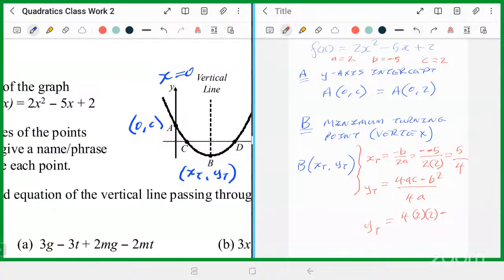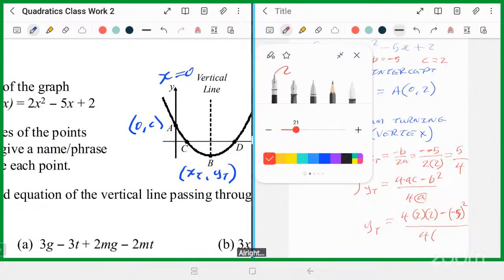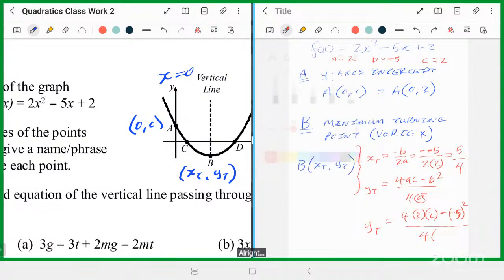And then I have to square the b right here. What is the b? The b is negative 5. So it's negative 5. And I have to square it. So you see I'm putting it in a bracket. So I'm squaring the negative 5. And I'm dividing that by 4 times a. That's 4 times, and the a again is this 2 up here. Alright, so this is 2.